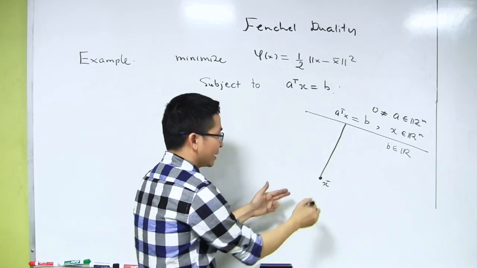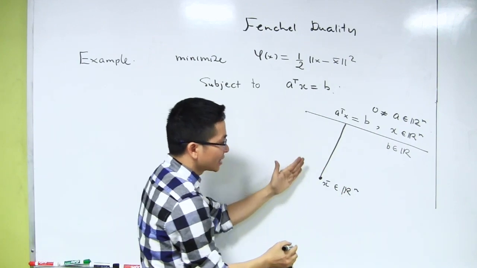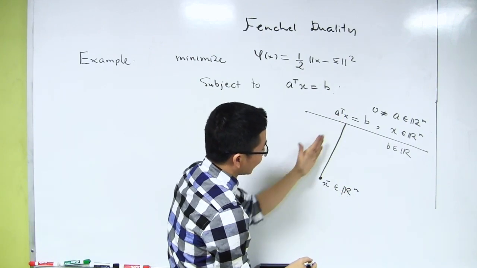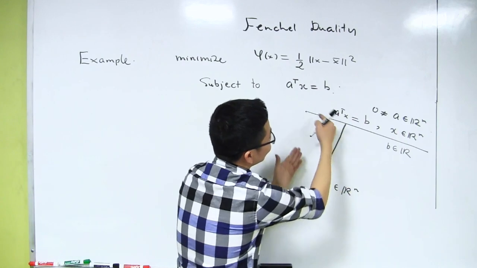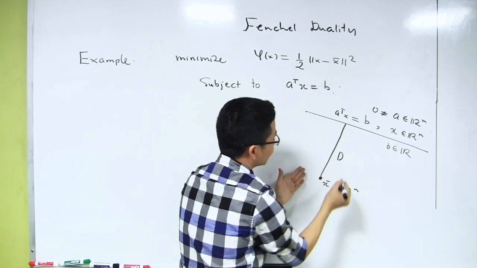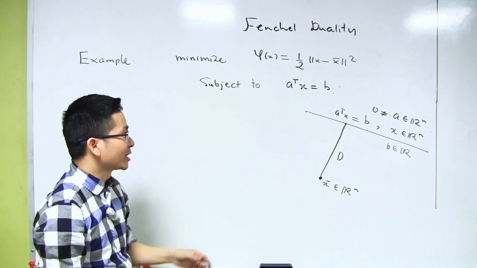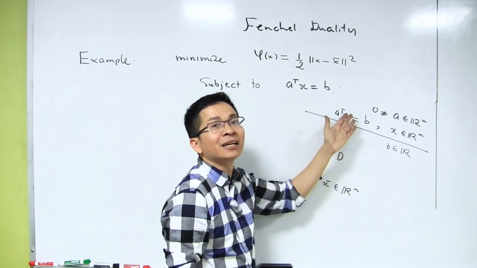Okay. So now let x bar be an element of Rn. How can we find the distance from x bar to this hyperplane? Okay, so we're going to find the distance d from x bar to this hyperplane, and note that in R2, this is just a line.